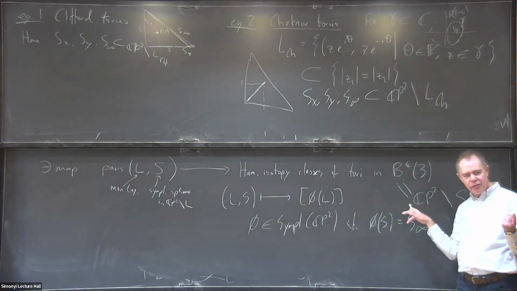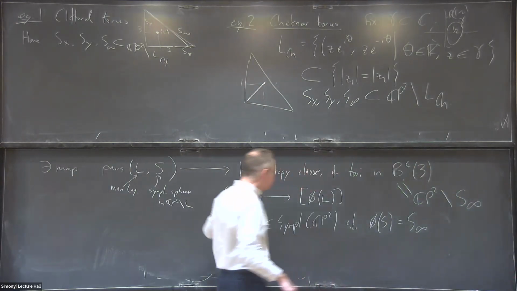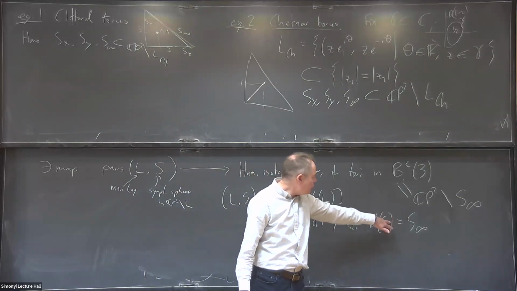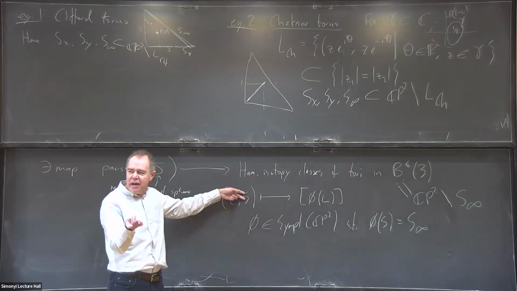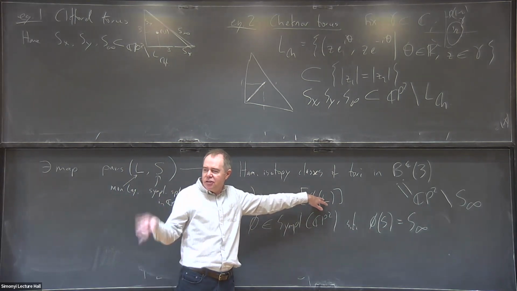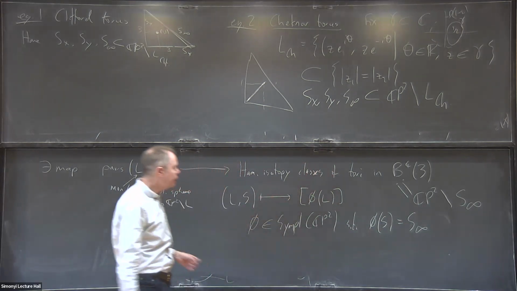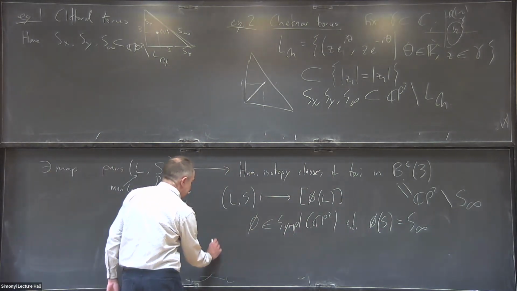There's only one Hamiltonian isotopy class of symplectic spheres in CP2, so I can find a symplectomorphism of CP2 which takes our sphere to infinity. But our sphere is in the complement of L, so if this sphere goes to infinity, the image of L has to be disjoint from infinity, which means it's in the ball. So that's a map, and this is well defined.